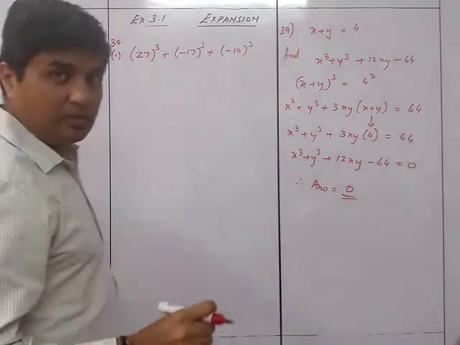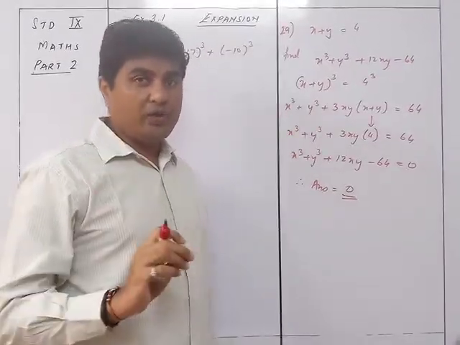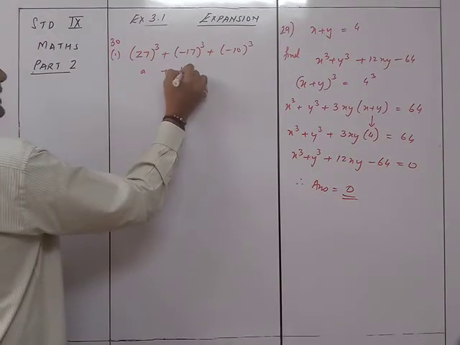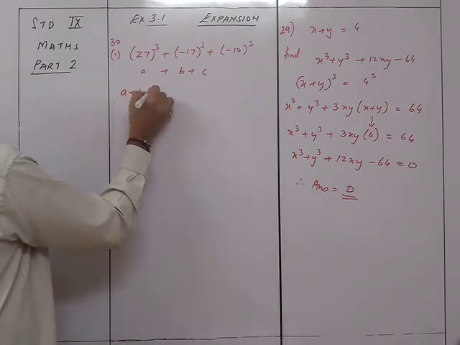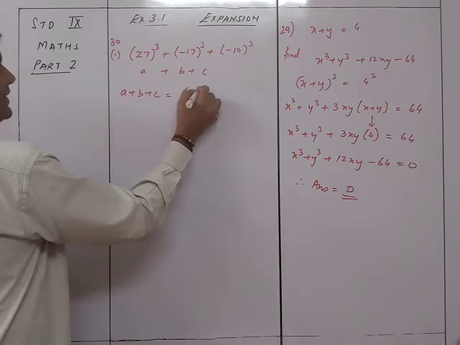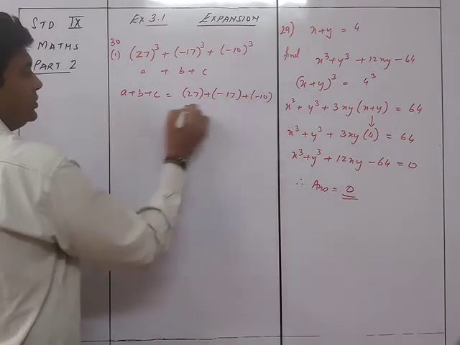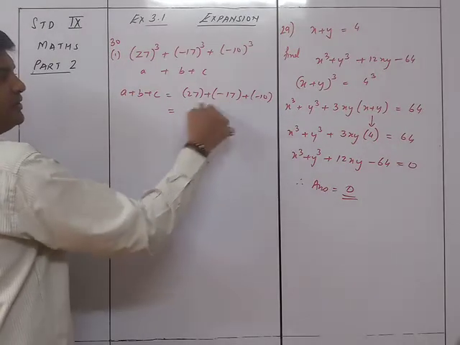Now this is very easy in fact, but it should strike you. Here you can see that this is your a plus b plus c. Now what is a plus b plus c? A plus b plus c is equal to 27 plus minus 17 plus minus 10. So that is equal to 0.